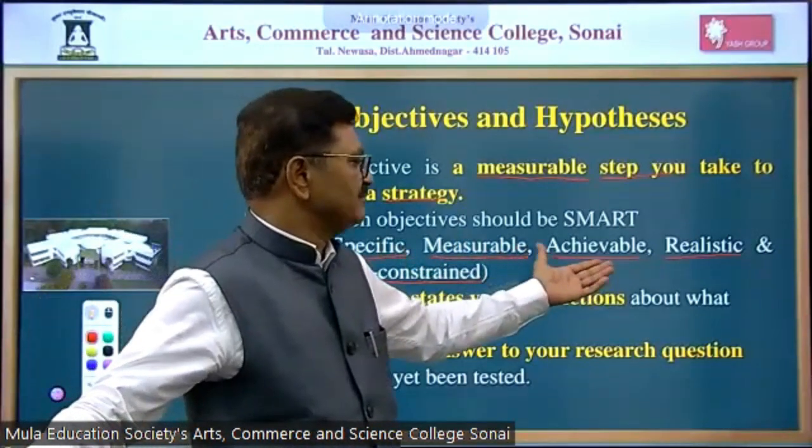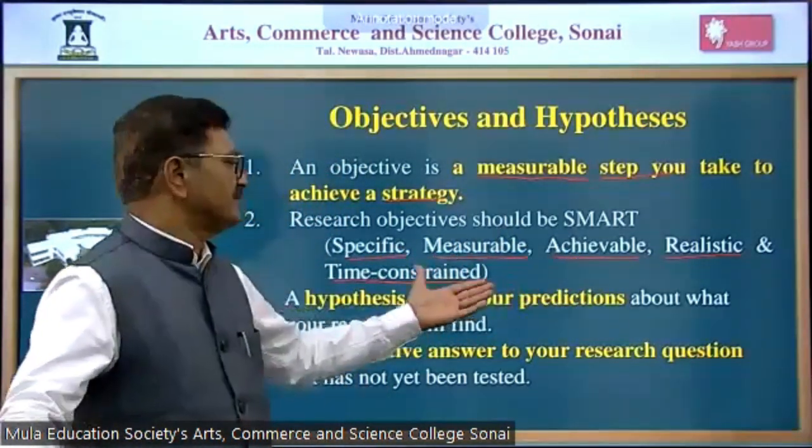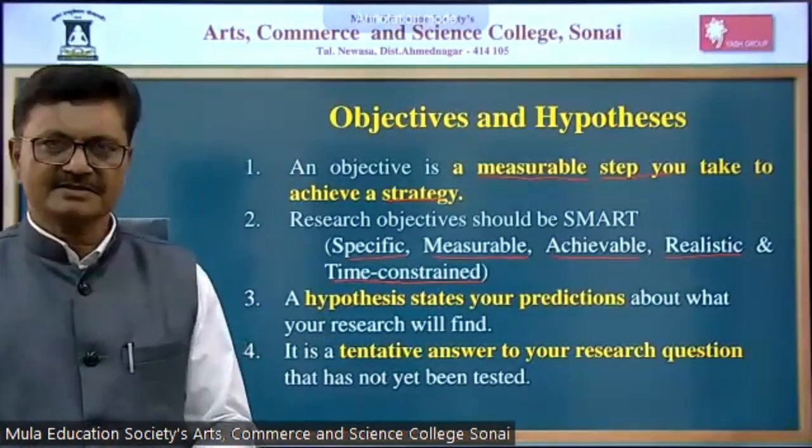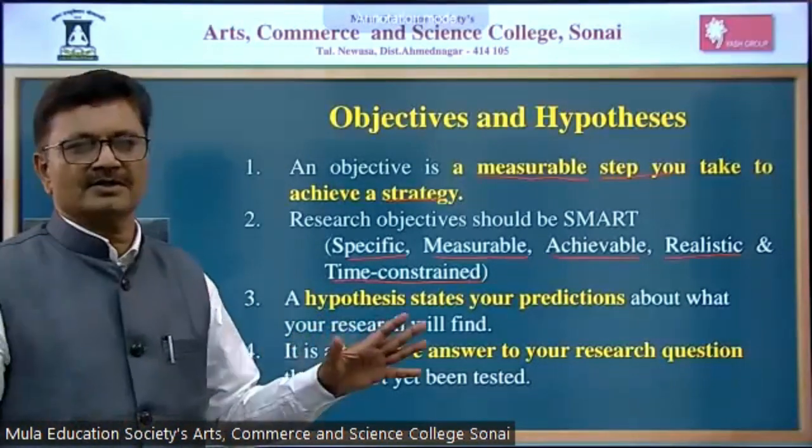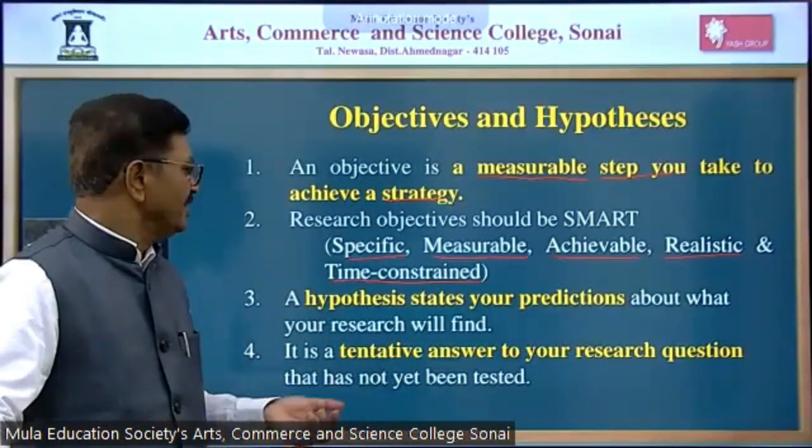It should be achievable, possible, and realistic. So you should have these things in the objectives, otherwise your objective will go somewhere else or go wrong and get some other result.